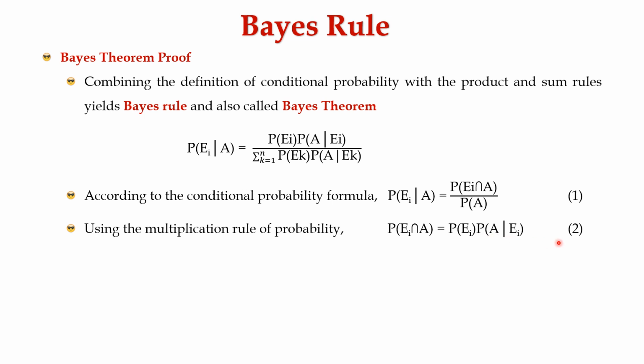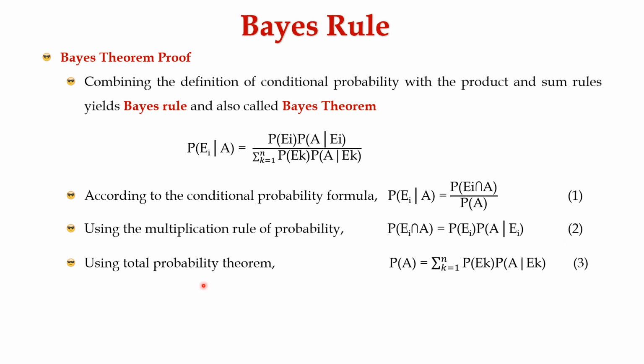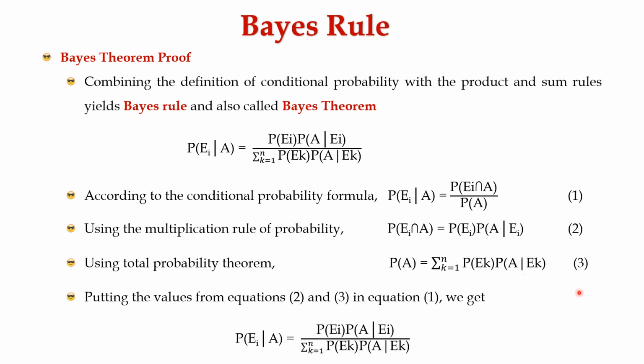Let's consider this as equation 2. Using the total probability theorem, probability of A is equal to the summation of k equals 1 to n of probability of Ek into probability of A given Ek. Let's consider this as equation 3.